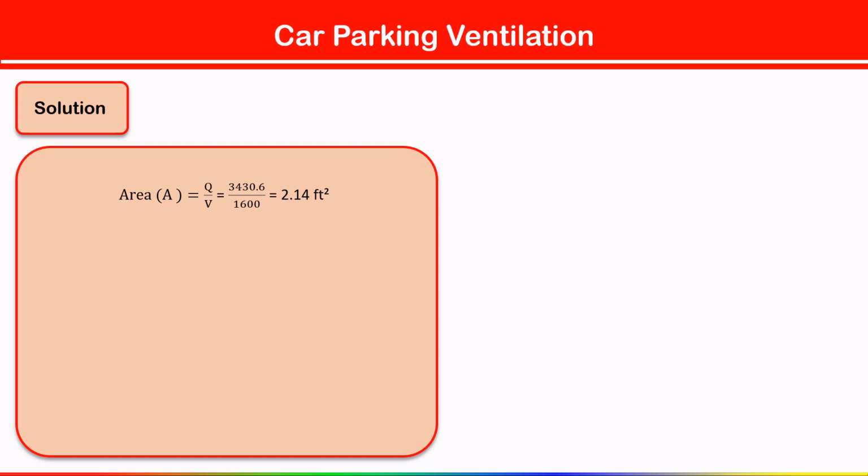Once we get the area, we can easily size the duct. You know that ducts come in different shapes: rectangular, circular, square. What type of duct you need is based on your requirement. Suppose you are doing the duct size for a rectangular duct; how do we find out the size of that duct?